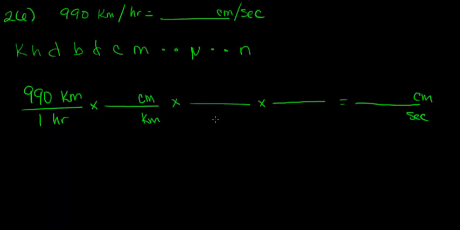Now, if you don't already know that 1 hour has 3,600 seconds in it, if you don't have that memorized, then you would have to convert hours to minutes first, and then minutes to seconds.